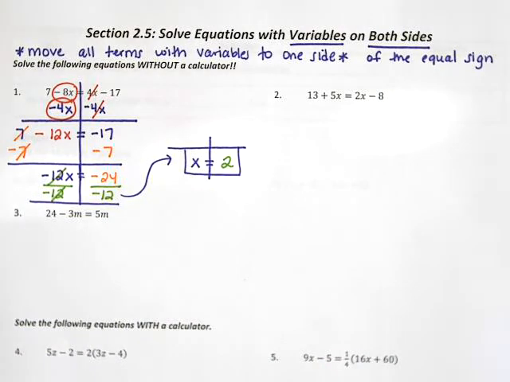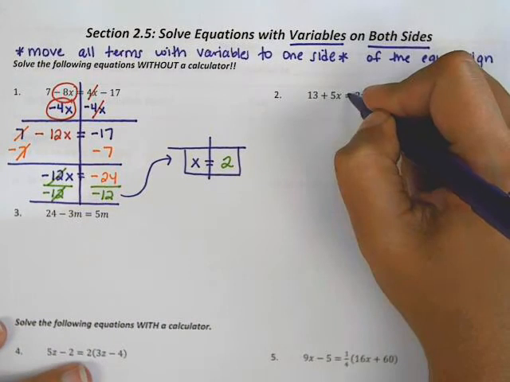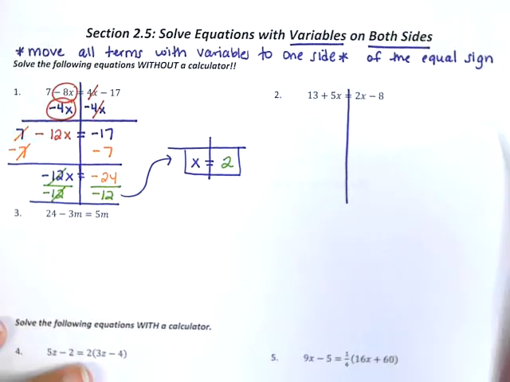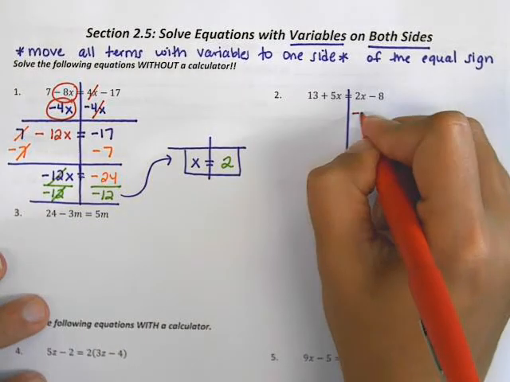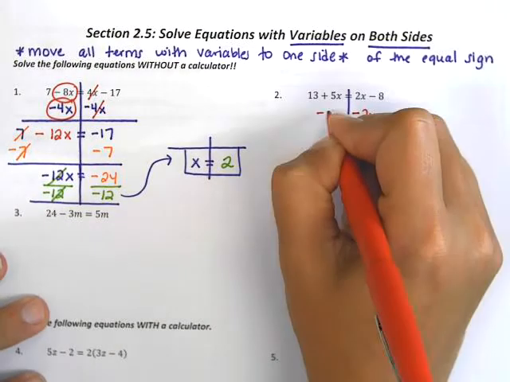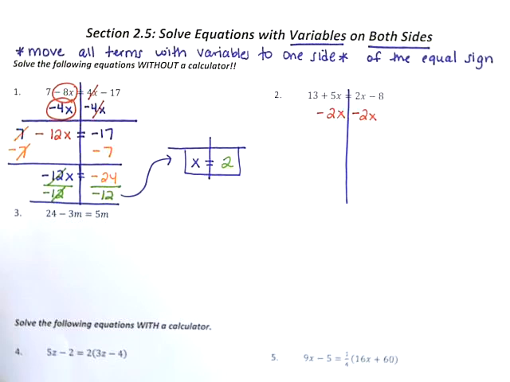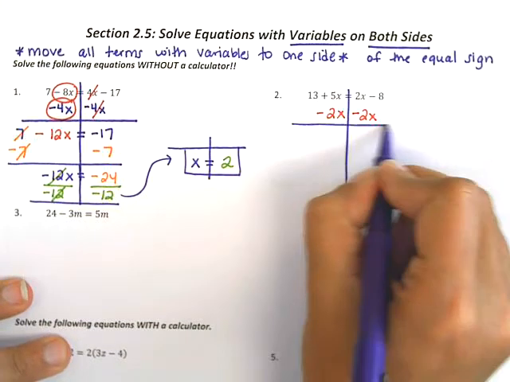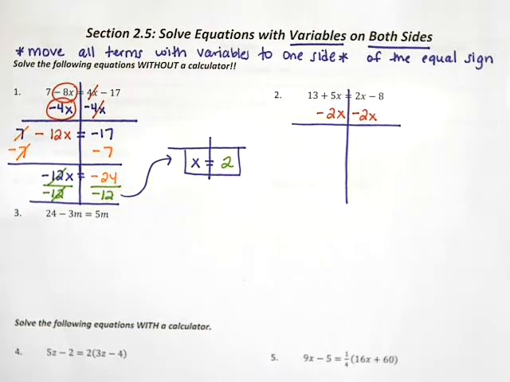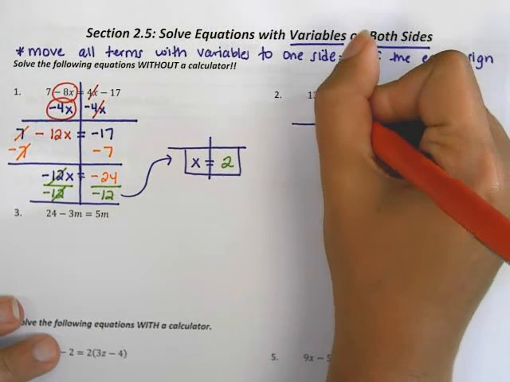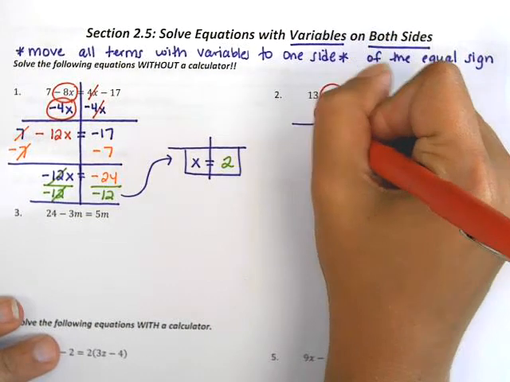So let's take a look at another example. So in problem number 2, I would start by drawing a vertical line through my equal sign. Now in order to get the x's together, I'm going to subtract 2x on both sides of my equation. So I'm noticing that on the left side I can combine the 5x and the negative 2x.